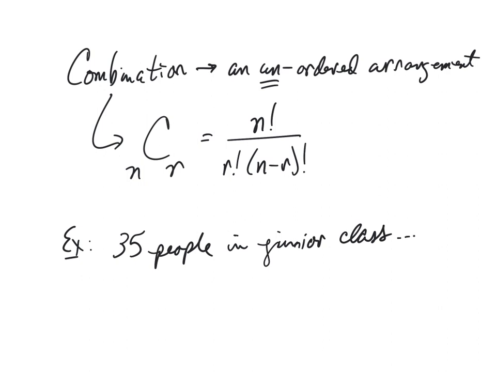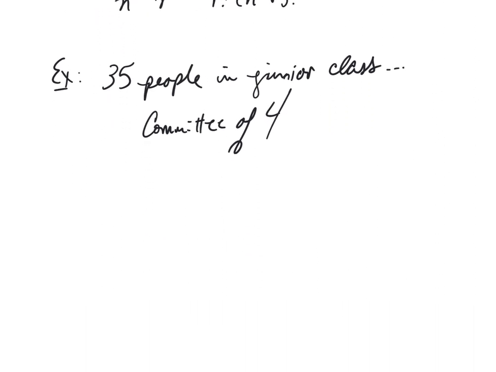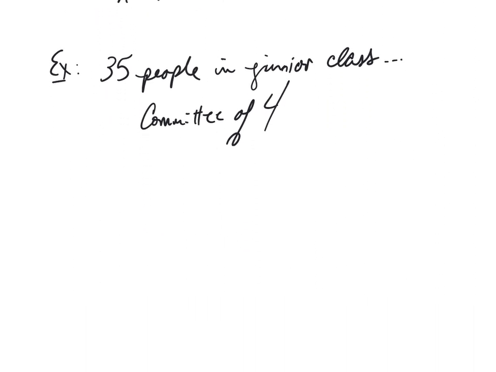Well, today we're going to do something a little bit different. Instead of number of ways in which we can elect president, vice president, secretary, and treasurer, this time I'm going to ask you, how many ways can we elect a committee of 4 to work on something for prom? All right? So hopefully prom's going to keep going, but how many ways could we elect a committee of 4?